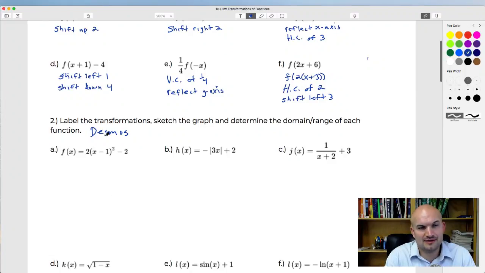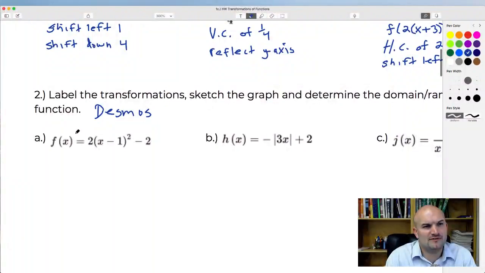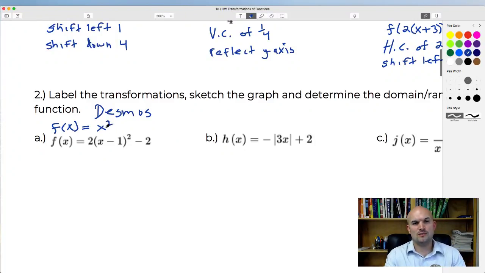So in this example, my parent function is going to be f of x equals x squared. Okay, so now you can see there's a lot of things going on. We're multiplying by 2 on the outside, we're subtracting a 1 on the inside because it's inside these parentheses, and then we're subtracting a 2 on the outside.